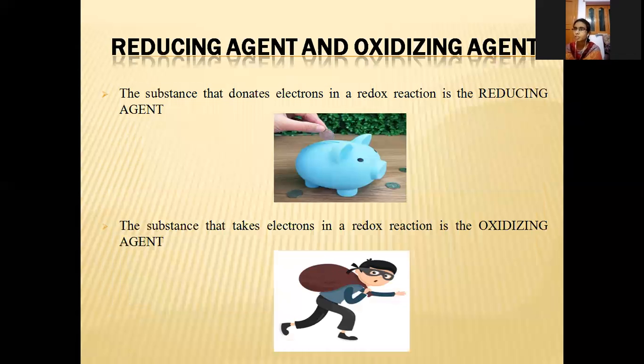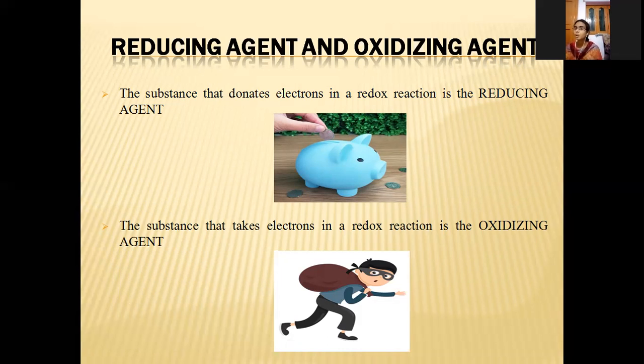So let's see the reducing agent and oxidizing agent. The substance that donates electrons in a redox reaction is called the reducing agent, and the substance which takes the electrons is known as the oxidizing agent.